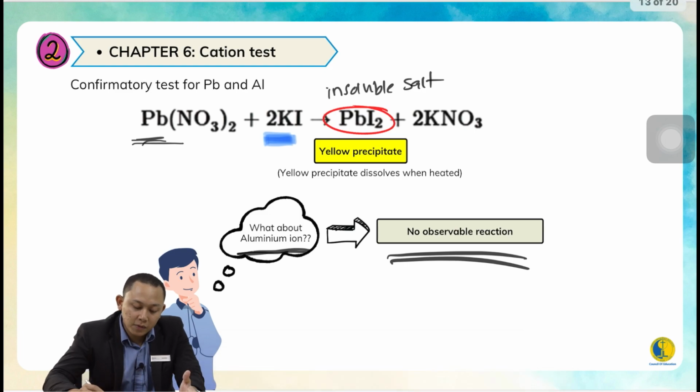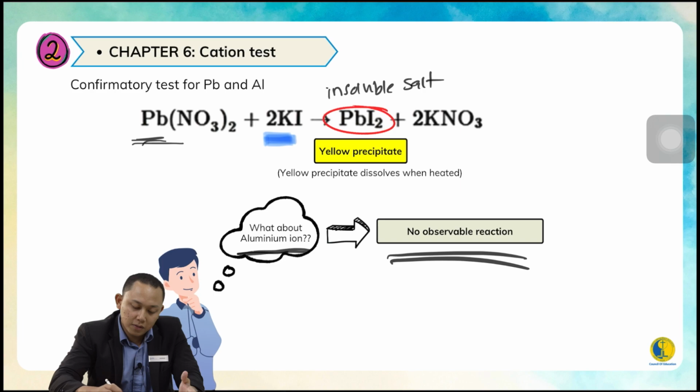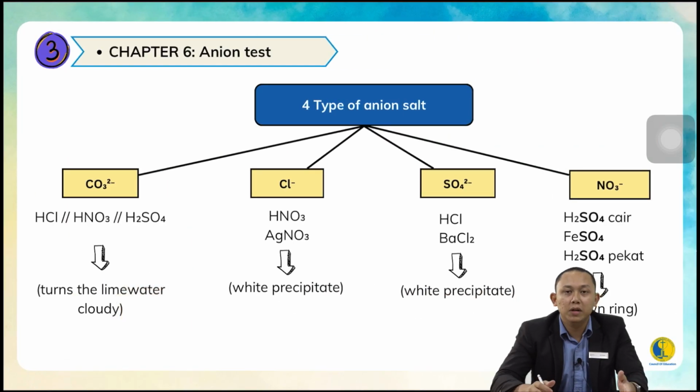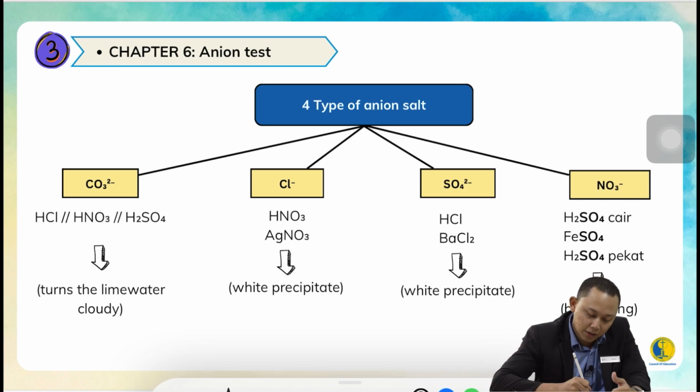Alright. Now we move on to the next test, which is our anion test. 4 types of anion that we covered in the syllabus is carbonate, chloride, sulfate, and also nitrate. So how to memorize this one? Actually there is one thing that we can add here.